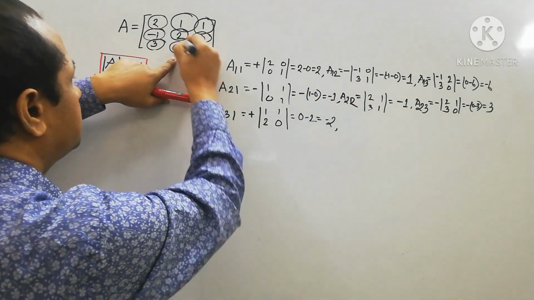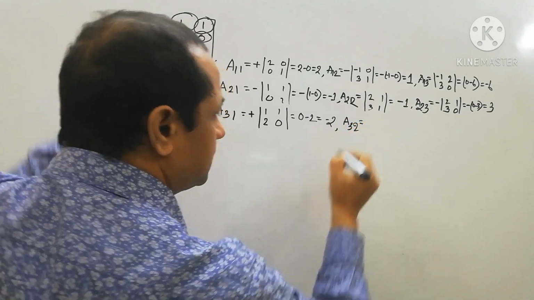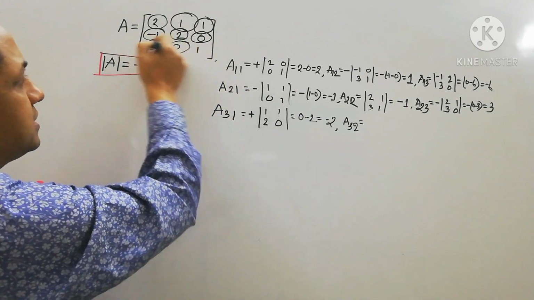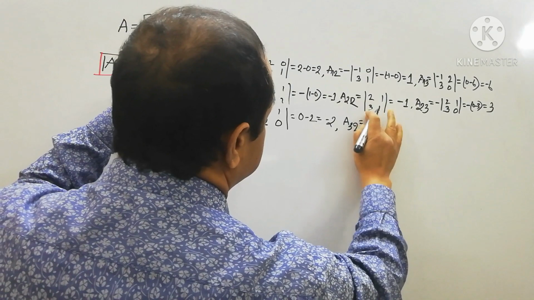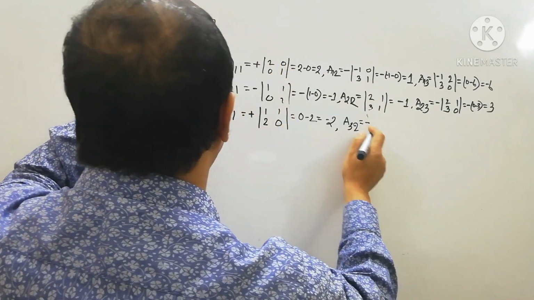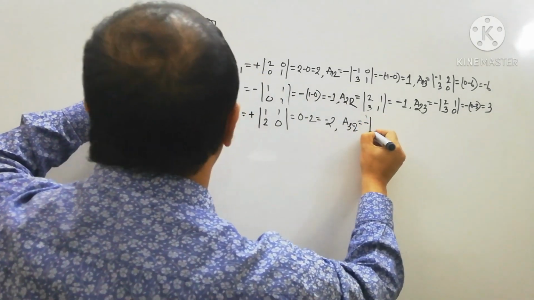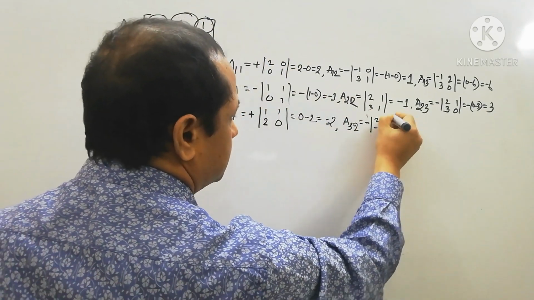Similarly, position of 0, A32, third row and second column. So third row and second column cancel. The rest of the entries are 2, minus 1 and 1, 0.